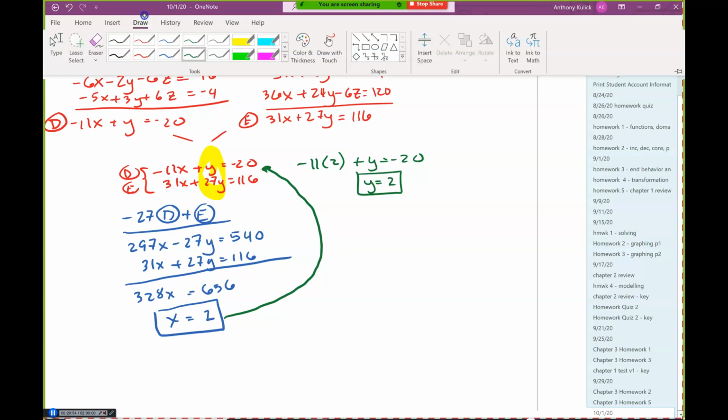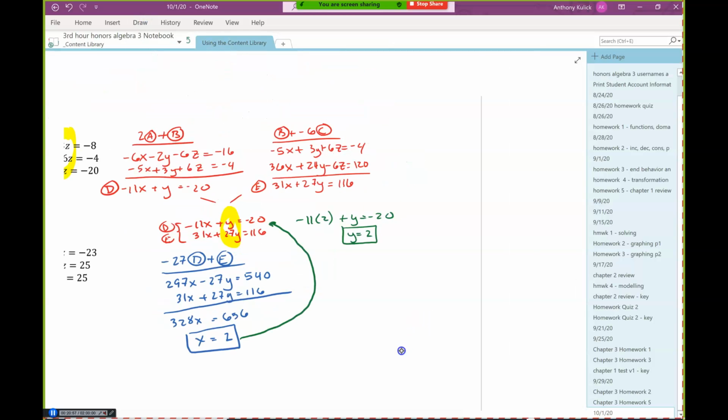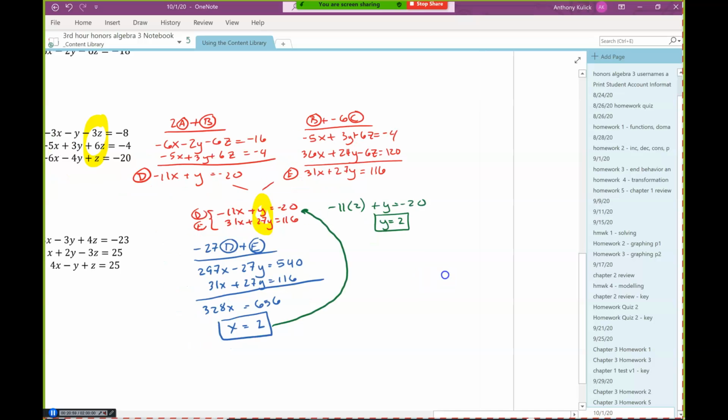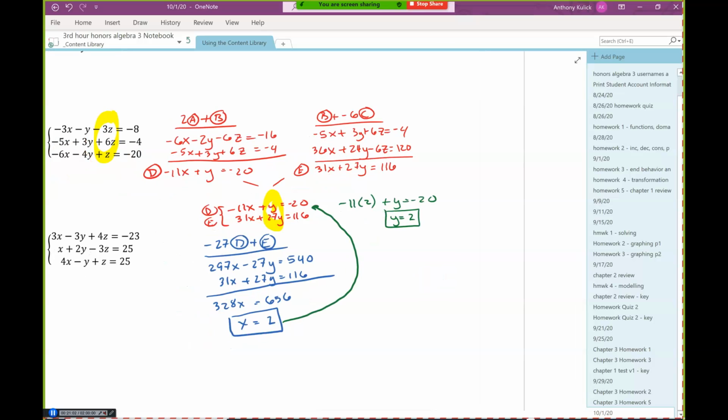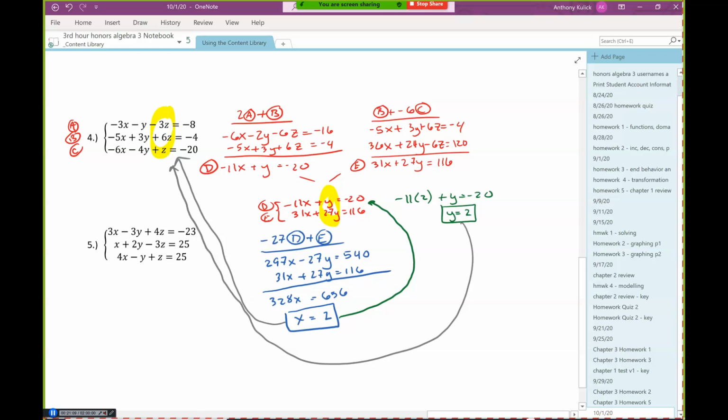And then for my last step, I'm going to take both of these two answers and plug them back into either A, B, or C. I'd plug them back into C. The coefficient on Z is 1 already, and it just makes life a little bit easier. So that's negative 8 plus Z equals negative 20.